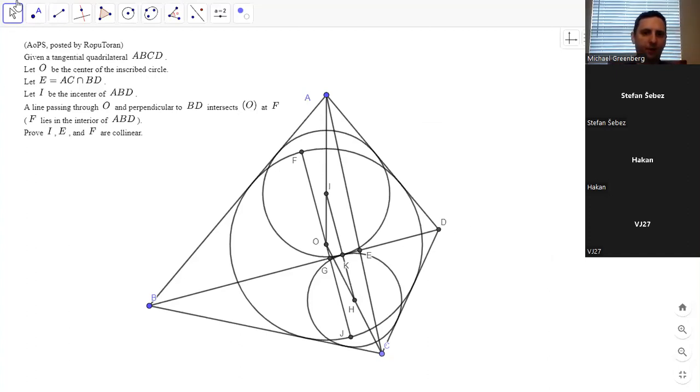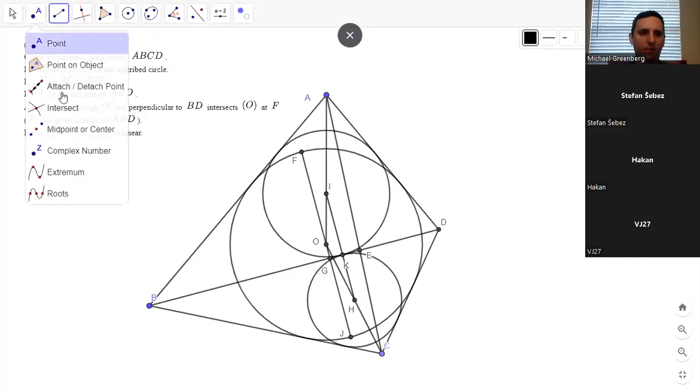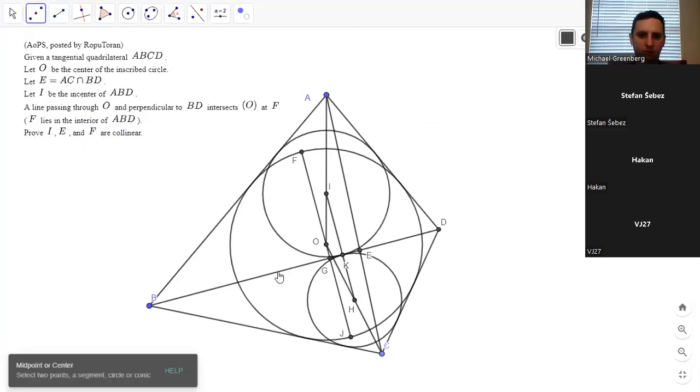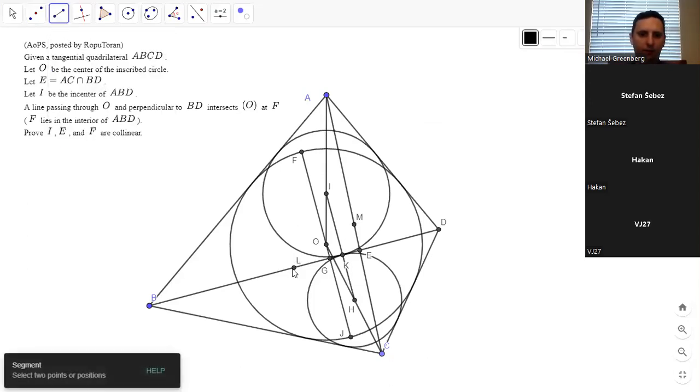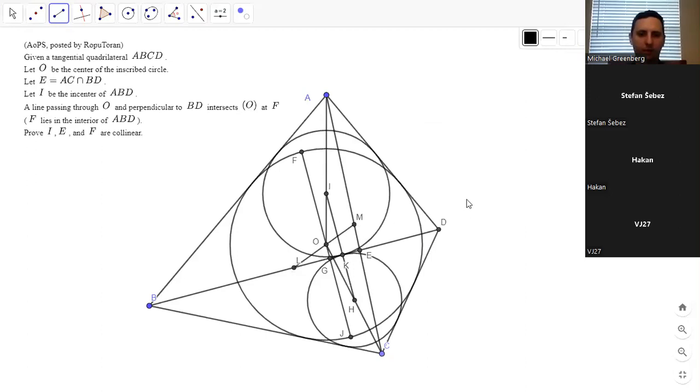So I don't know if this will help at all, but L, O, and M we know are collinear by Newton's theorem, where L is the midpoint of BD and M is the midpoint of AC.